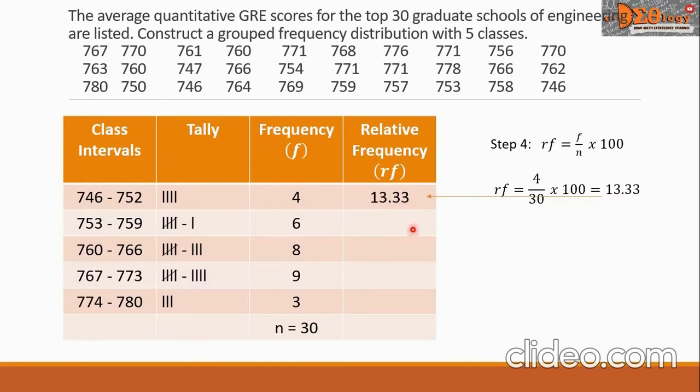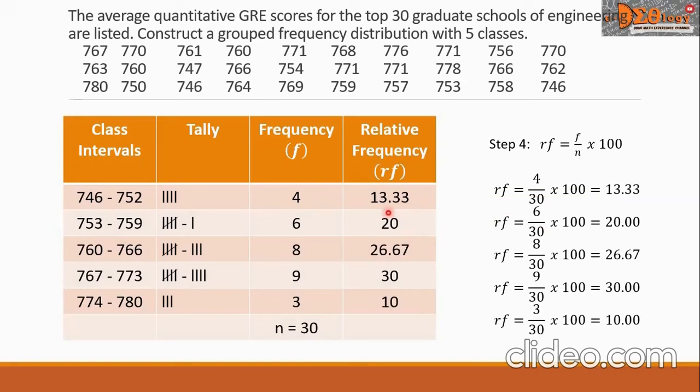So let us complete the remaining blanks using our formula here. This number 20 comes when we have the number 6 divided by 30 times 100. This 26.67 comes when we have 8 over 30 times 100.